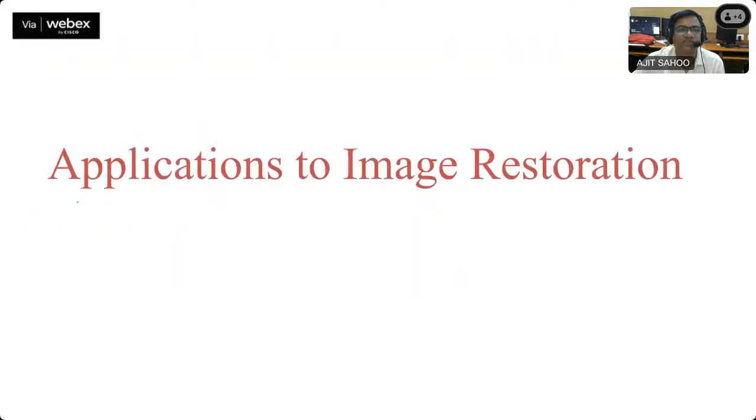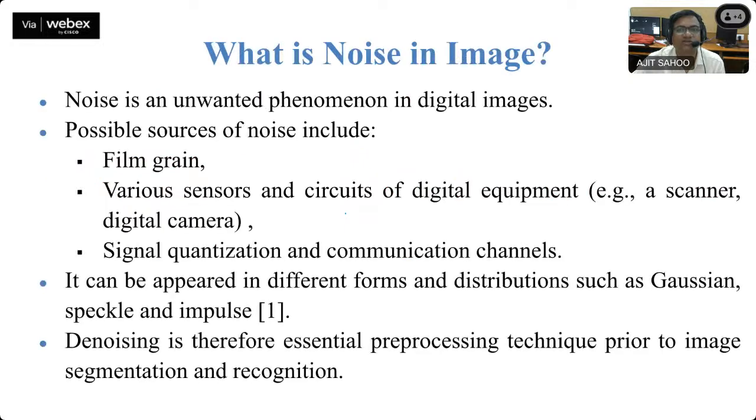Now let's go for the application to image restoration. This can be applied to any type of image restoration, but for this presentation we'll see only the imaging part. Noise is an unwanted phenomenon in digital images.